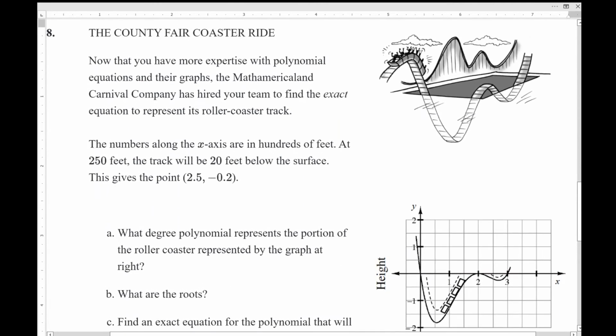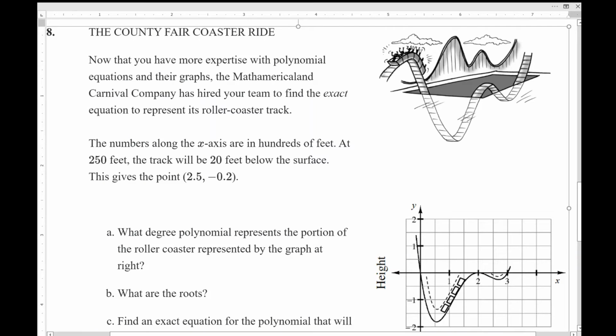This problem here, the county fair coaster ride, kind of hints at how you do it without a graph. Okay. I will let you read this situation. As you can see, there's some stuff happening. You have more expertise with polynomials, and so let's apply them now.